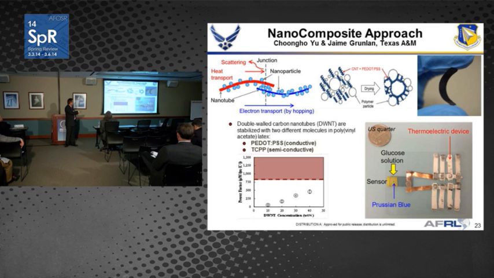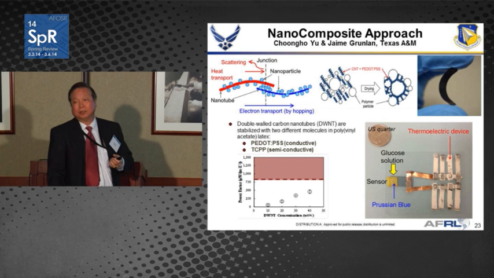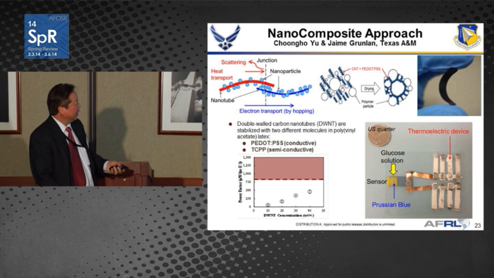And the charge carrier can go through the conductive polymers to get to the next carbon nanotubes. But for the phonon, because of the mismatch between the vibrational energy of the polymers and the carbon nanotube, it gets scattered, therefore they transport the thermal energy, but keep the thermal transport down low.